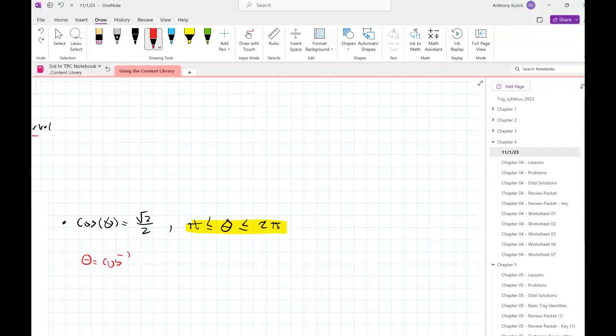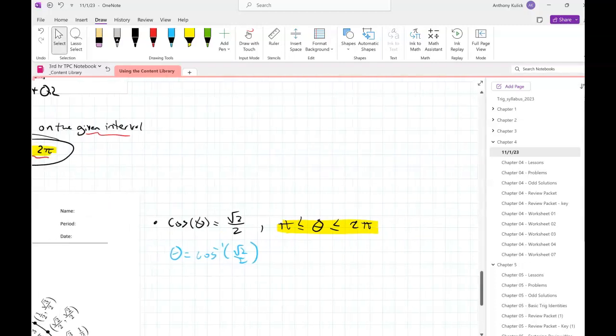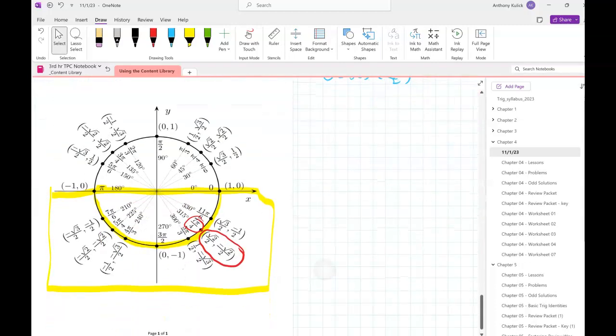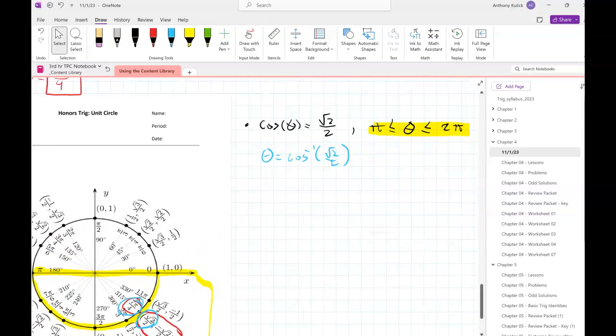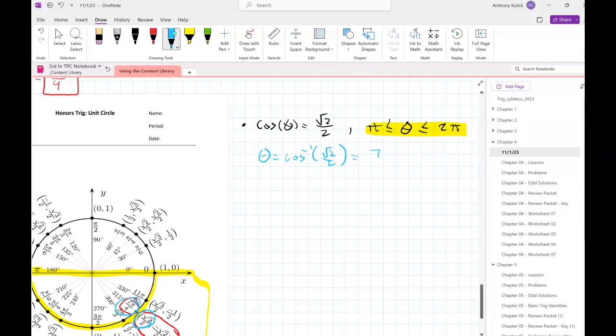Oops, let's do a different color. So if I go to quadrants 3 and 4 and look for the place where the x coordinate is positive root 2 over 2, there's only one location, at 7 pi over 4, and that is still between 1 pi and 2 pi. So we're good.